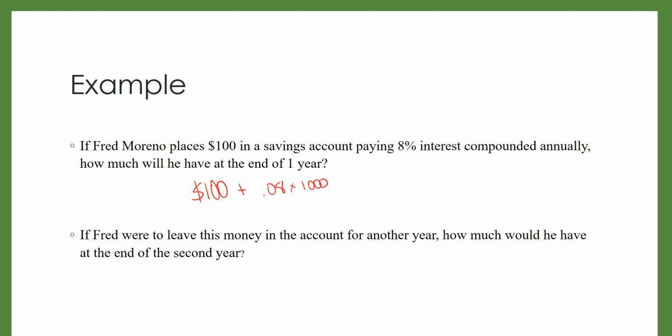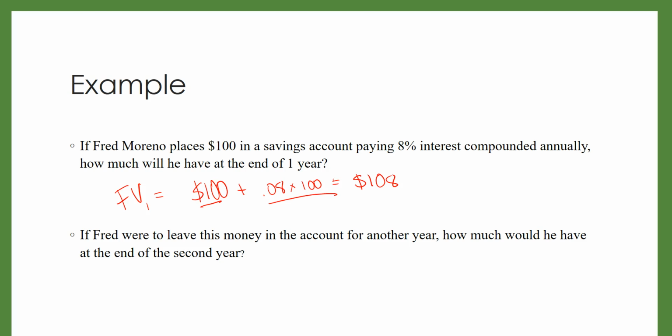Excuse me, it's a 100, not a 1,000. And so that gives him $108 at the end of the first year. So the future value at the end of year one is equal to the $100 he initially deposited plus the interest he earned on that deposit. So he would have $108.